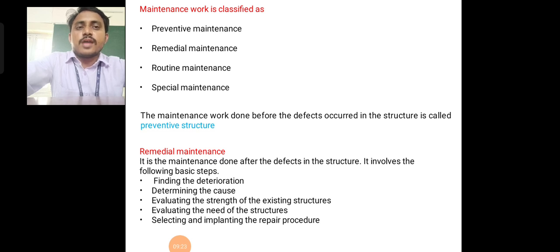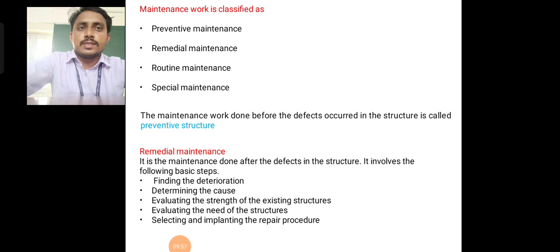Then next, coming to evaluating the strength of the existing structures. Once the damage occurs, you need to check whether the damaged portion of the concrete still has strength or not. So you need to check the strength values. If it is already damaged, but after checking the strength it is good, then there is no need for much supporting of those damaged conditions.